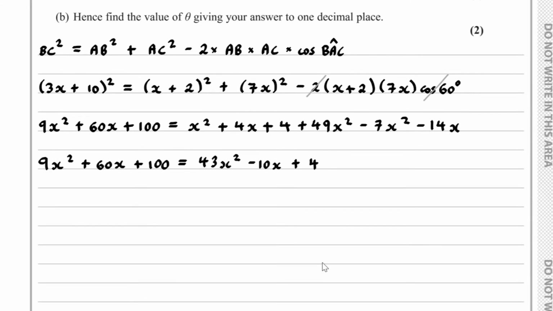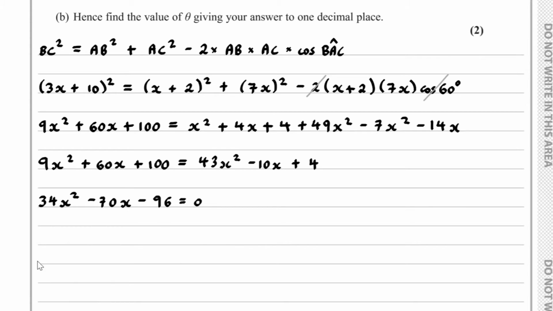If I take everything over to one side, we have 43x squared subtract 9x squared, which is 34x squared. Then we have negative 10x subtract 60x, so that's negative 70x. And then we have 4 subtract 100, which is negative 96. And this is equal to 0.